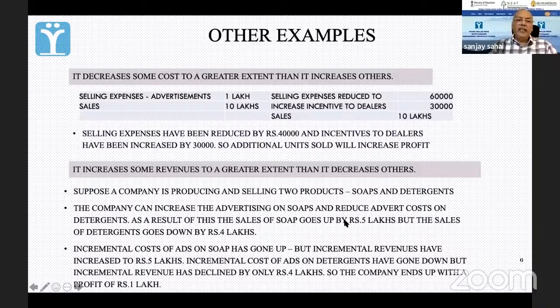Now this company can increase the advertising on soaps and reduce the advertising costs on detergents. It's up to the company to decide how exactly to promote its own products. So as a result of this, the sales of soap goes up by rupees 5 lakhs, but the sales of detergents goes down by 4 lakhs.